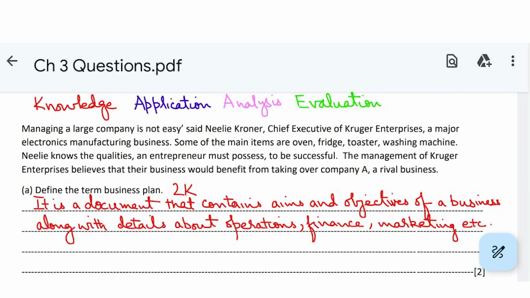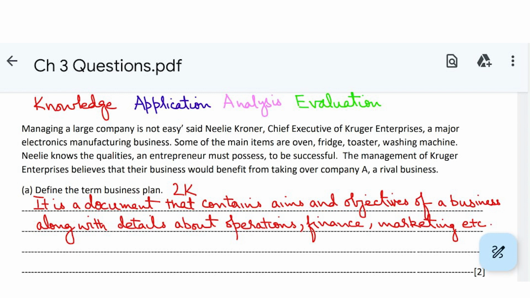Alright, let me read the information first, which is at the start of the question. Managing a large company is not easy, said Neely Kroner, Chief Executive of Kroger Enterprises, a major electronics manufacturing business. Some of the main items are oven, fridge, toaster, washing machine.